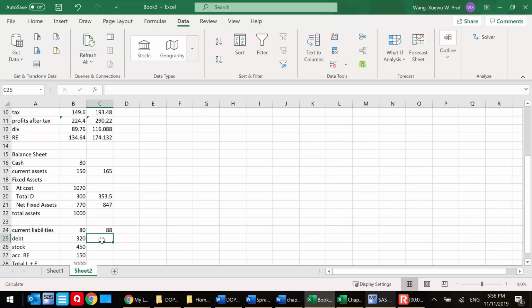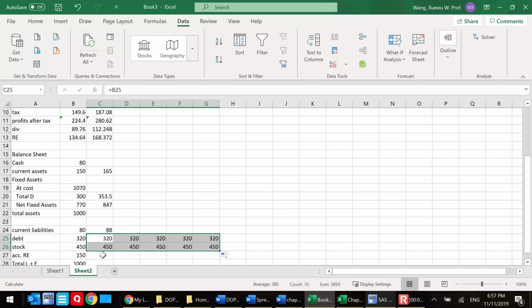And debt, what do we assume about debt? What does this say about debt? The debt and equity remain the same, right? So I'm just going to build a little formula here. That's the debt and that's the equity, right? So I'm going to copy this across for 5 years down the road.